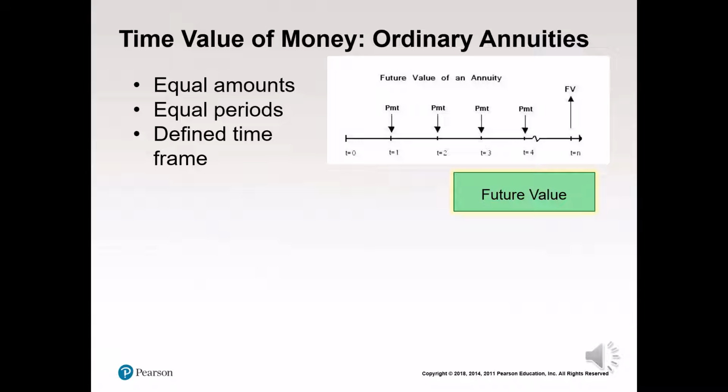Annuities are a series of equal dollar amounts that are made at the end of consistent points in time, such as every week, every month, every quarter, every year. And these amounts we can also determine as a future value, or we can calculate the present value. We also now will be adding payments to our calculations.